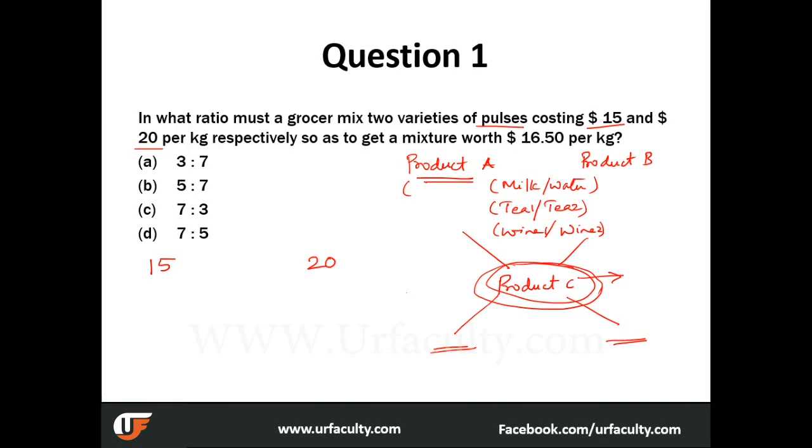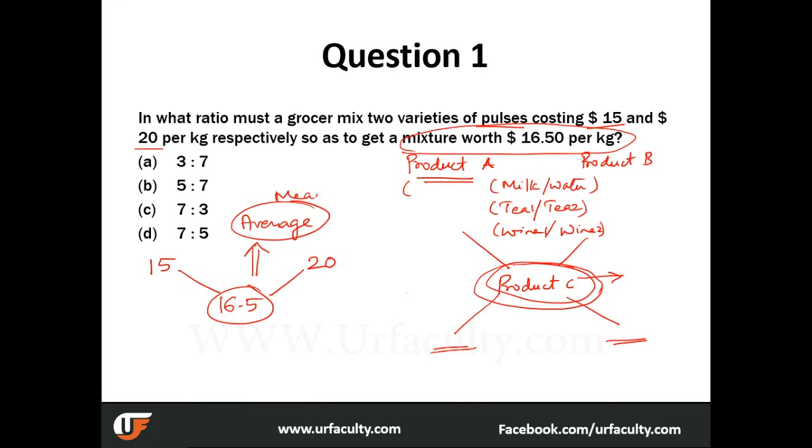They are saying they are being mixed to form a mixture worth 16.5 per kilogram. So here please note, this is like your average problem. You are now mixing two products to form a product whose value is 16.5. This is like your average or mean or whatever you can call it. Basically the average that you are getting when you are mixing these two.